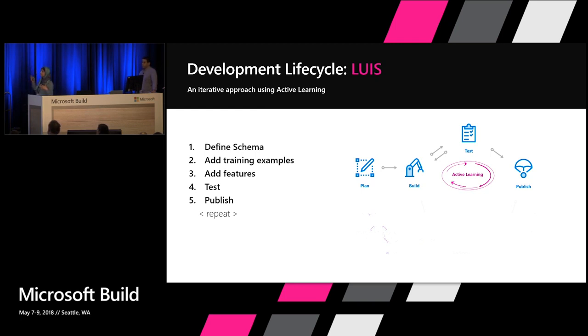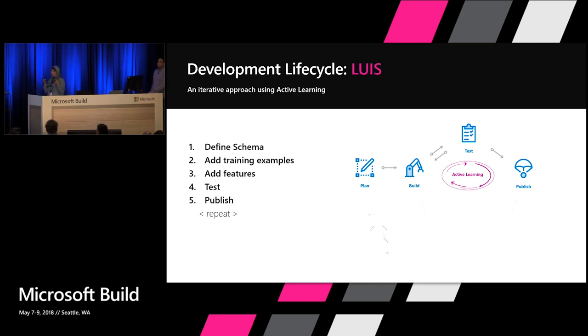During these iterations, I recommend that you do steps 3 and 4. You might start adding features or adding patterns. By features, we mean things like phrase lists. In LUIS, there is a concept called a phrase list, which is basically a dictionary of words that helps you adapt LUIS to your own bot domain vocabulary. LUIS knows some vocabulary about the world, and it uses that vocabulary to make sense of the examples you're training with.